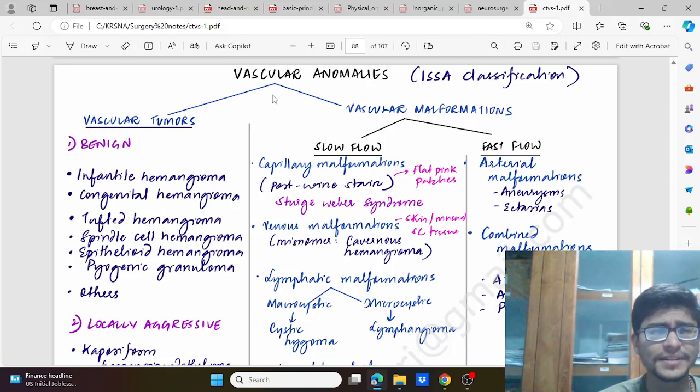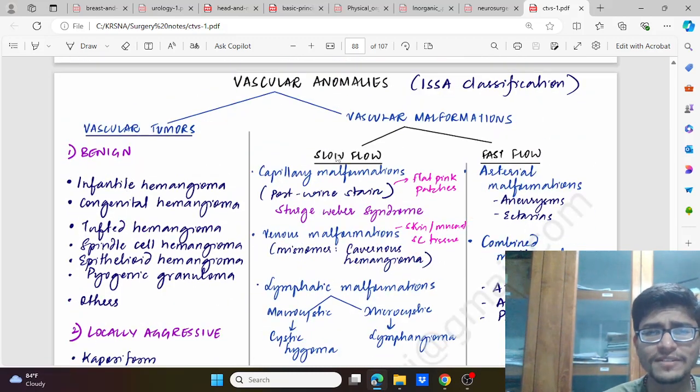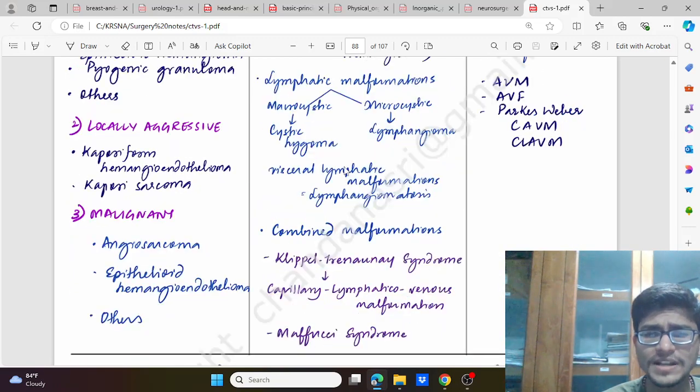Let's get started. Vascular anomalies are divided into vascular tumors and vascular malformations. Vascular tumors could be benign, locally aggressive or malignant. Vascular malformations could be slow flow or fast flow.